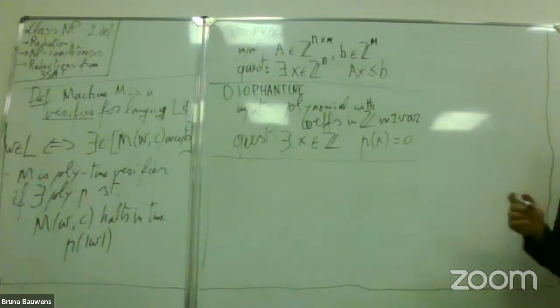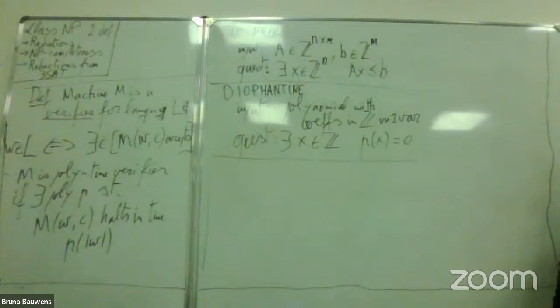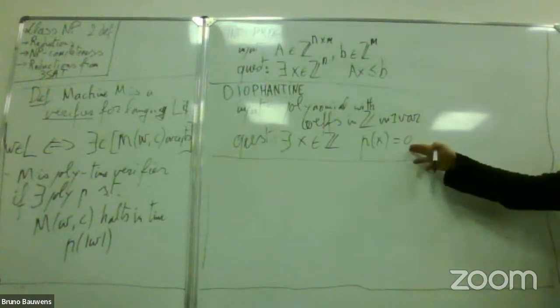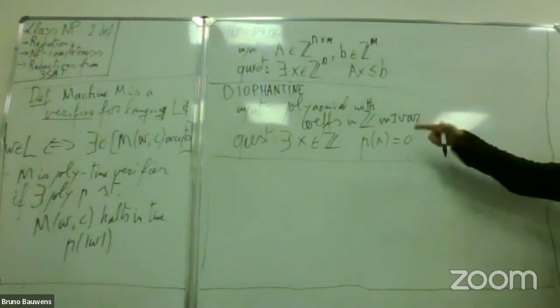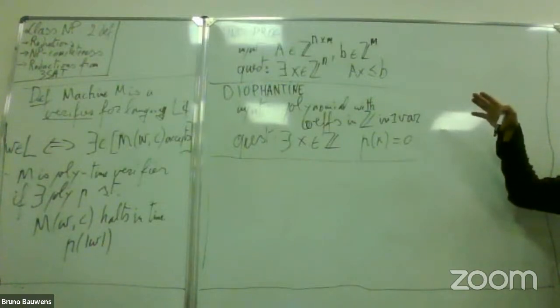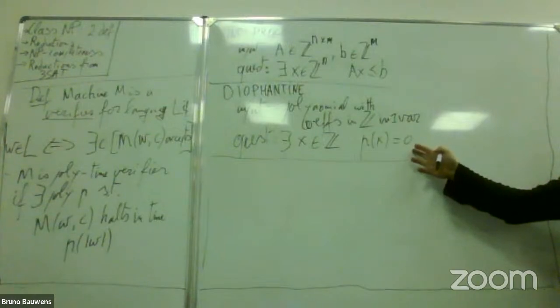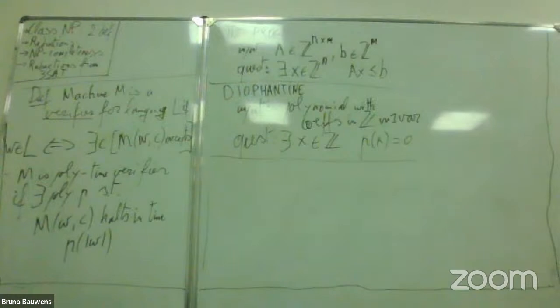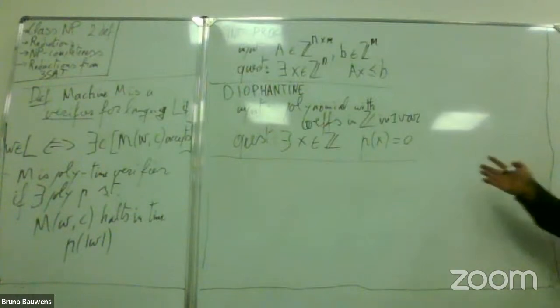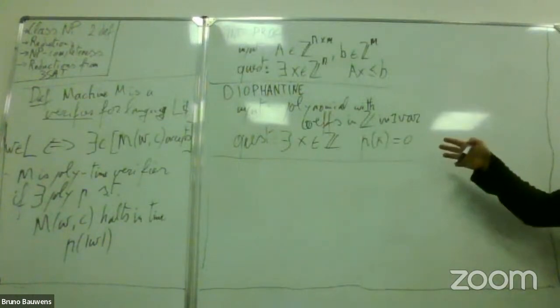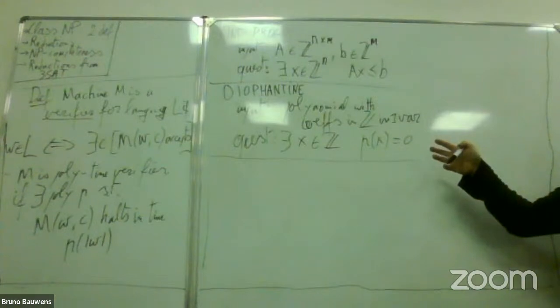It was proven in 1970 by Matiyasevich, who is Russian, and also three other people who worked a lot on this, that this is an undecidable problem. It's famous. It was Hilbert's question: does there exist an algorithm that can solve any polynomial, find a solution if one exists, or say there's no solution?